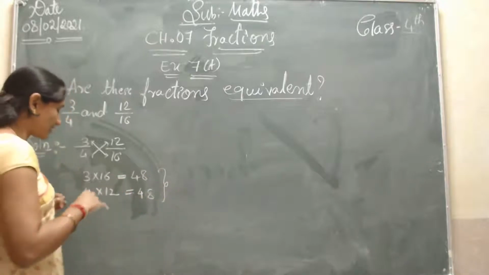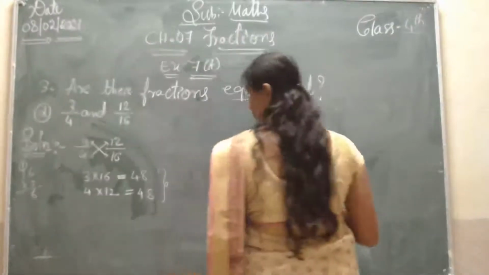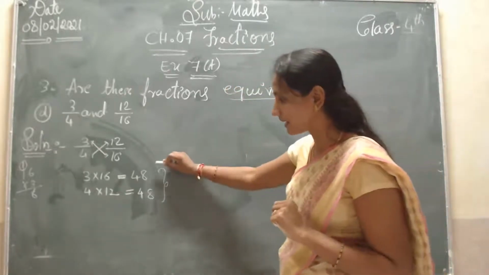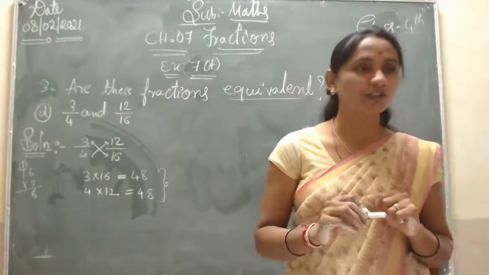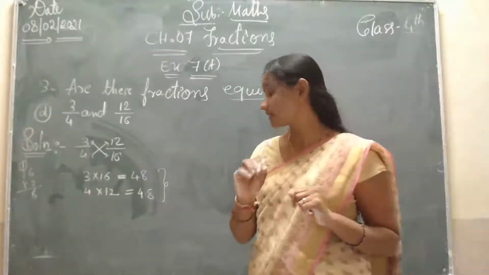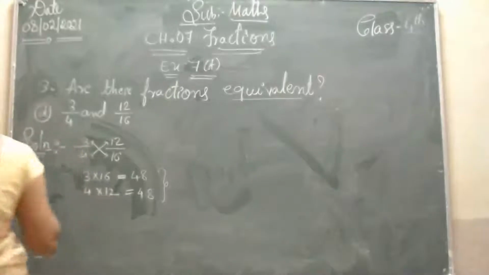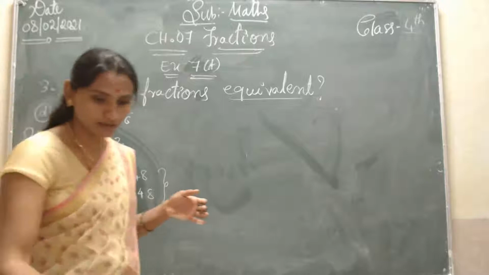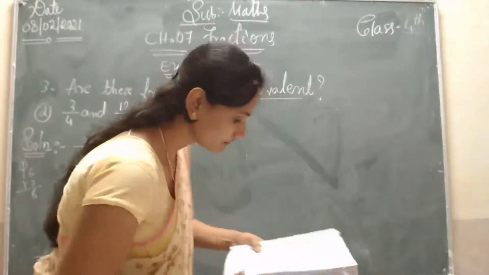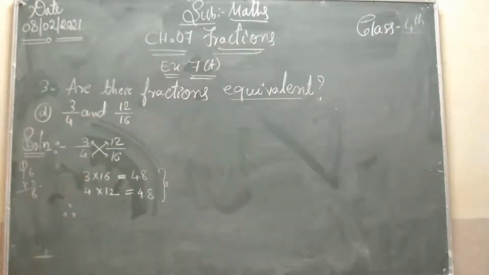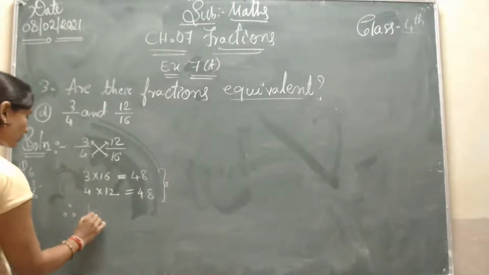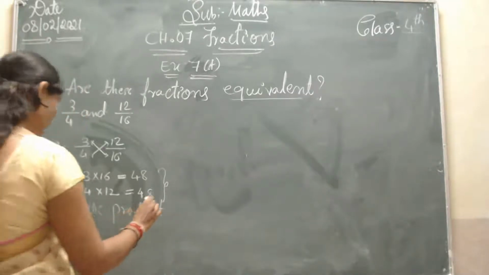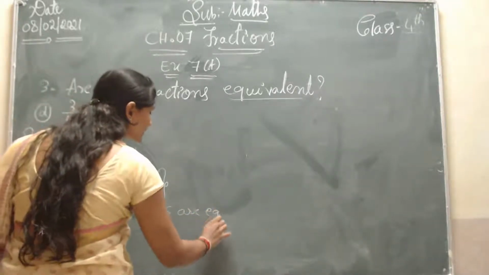Students, with the cross multiplication of 3 by 4 and 12 by 16, we get the same number, that is 48. Since both numbers are the same, you have to write the statement: therefore, the products are equal, students.